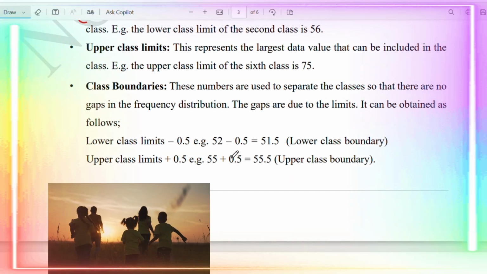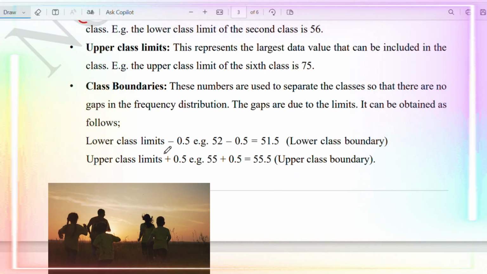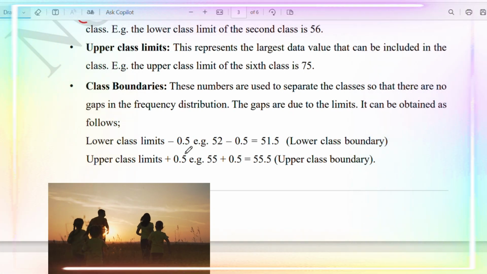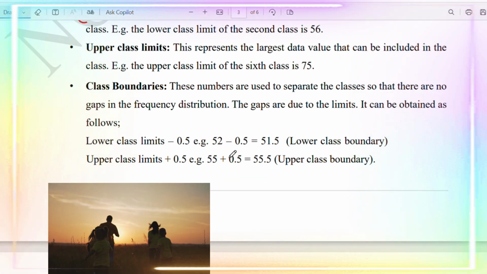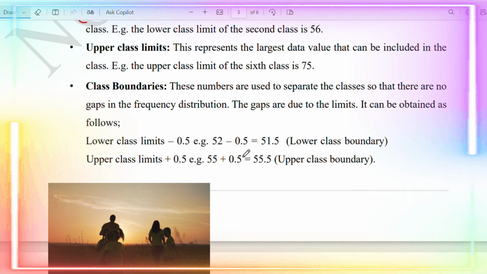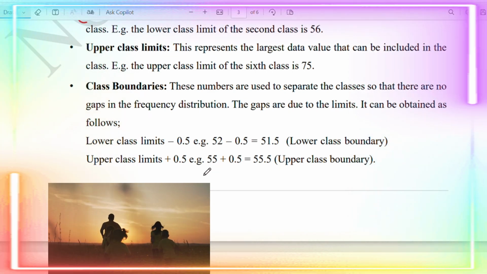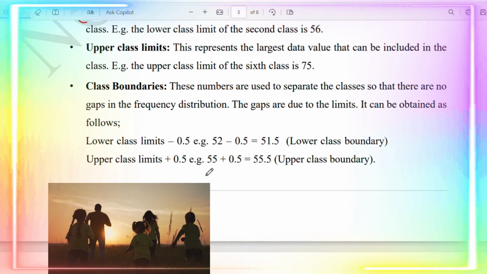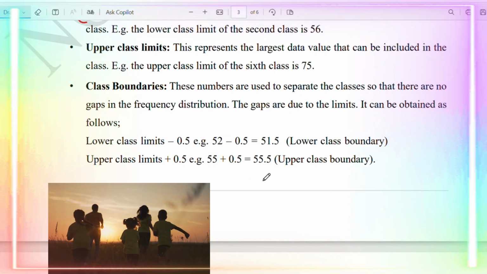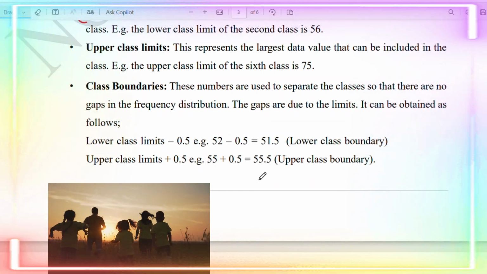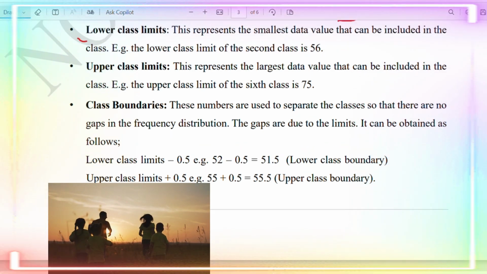Now, in this case, for the class boundary, we subtract 0.5 from the lower class limit, from 52 to get 51.5, and we add 0.5 to the upper class limit, which is 55 plus 0.5, which gives us 55.5. And that is the class boundary for the first class.